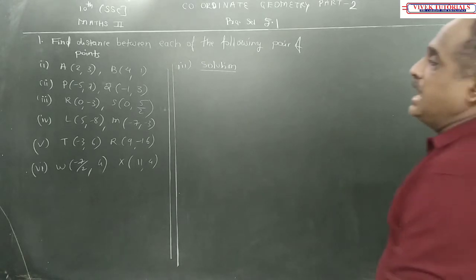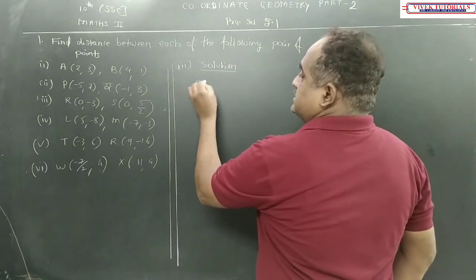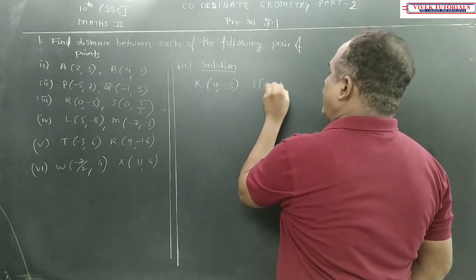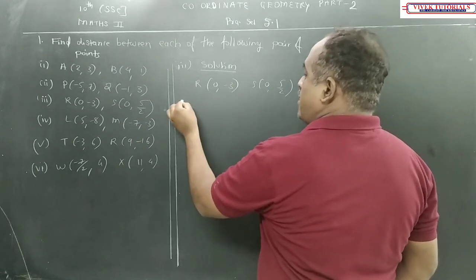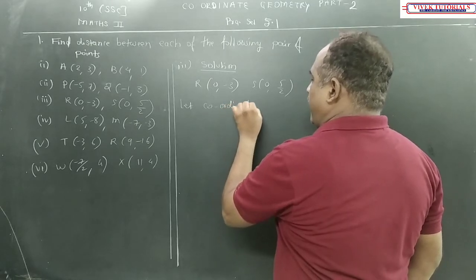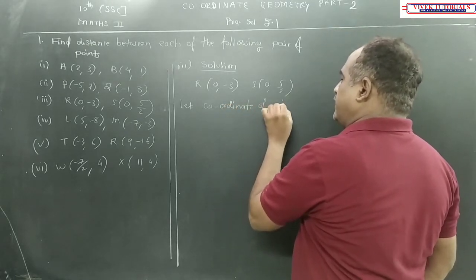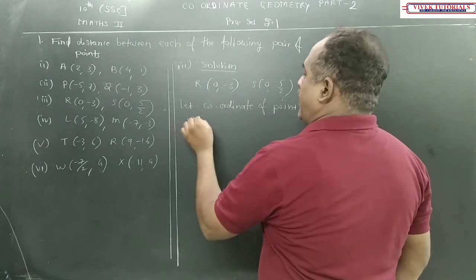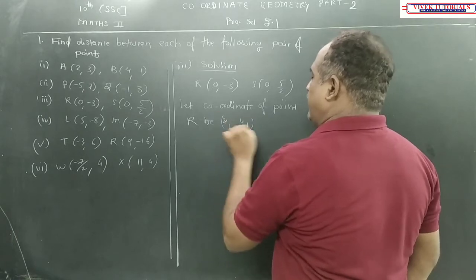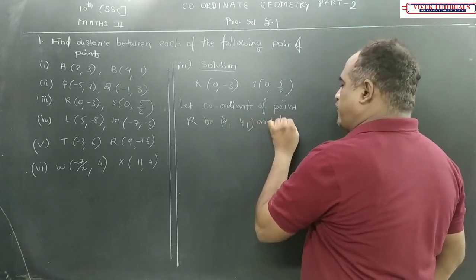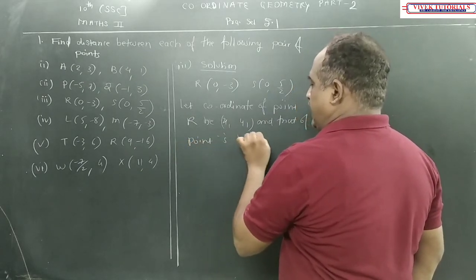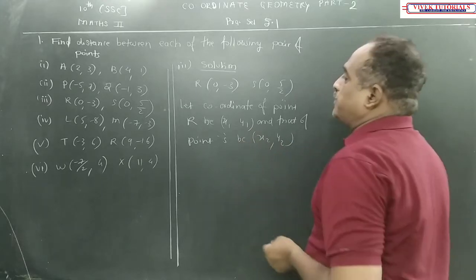Now third one is R 0, -3 and S 0, 5/2. How are you going to start? Let the coordinate of point R be x1, y1 and that of point S be x2, y2.